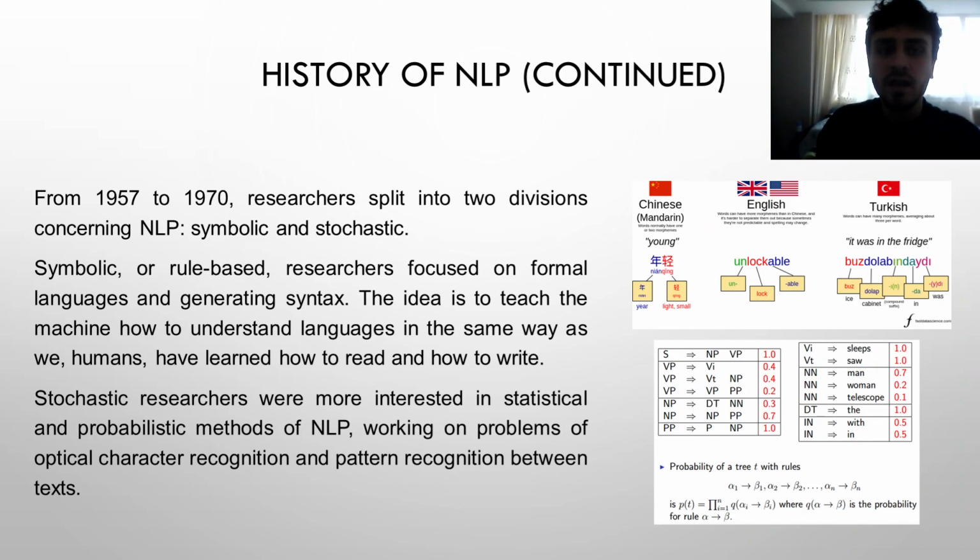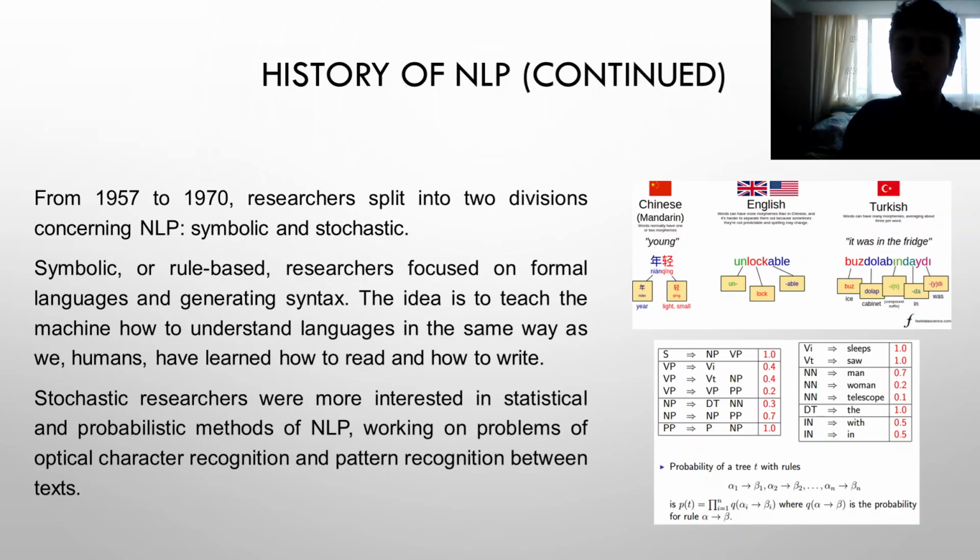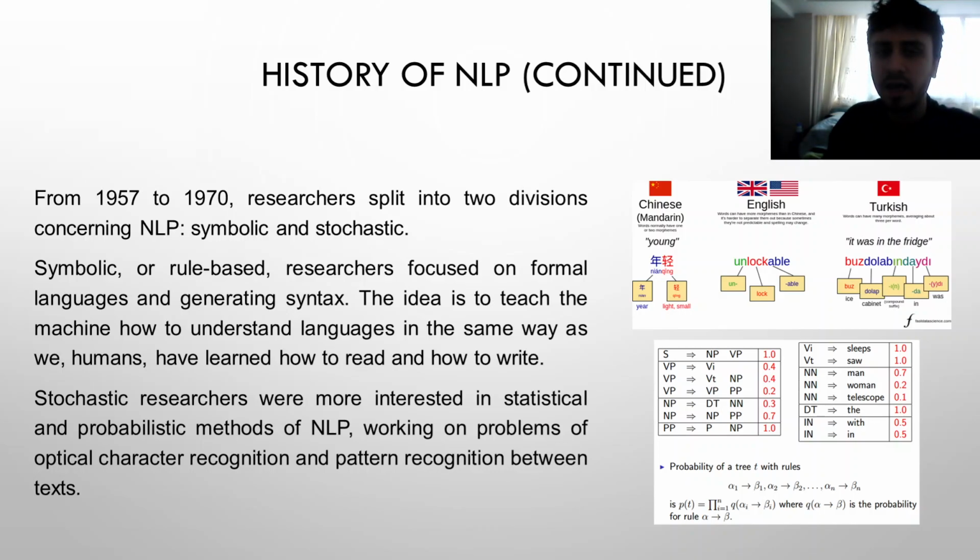And from 1958 to 1970, researchers split into two divisions concerning NLP, symbolic and stochastic. Symbolic, or rule-based, researchers focus on formal languages and generating syntax. The idea is to teach the machine how to understand languages in the same way as we humans have learned how to read and how to write. On the right top, you can see the symbolic rule-based understanding of the language.